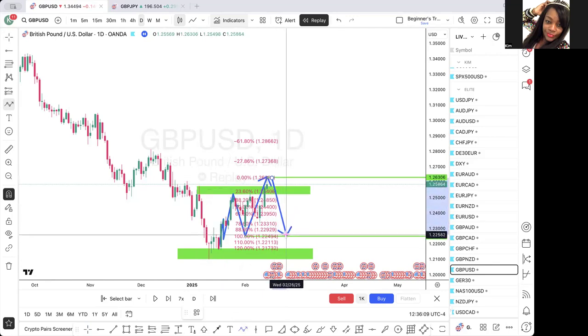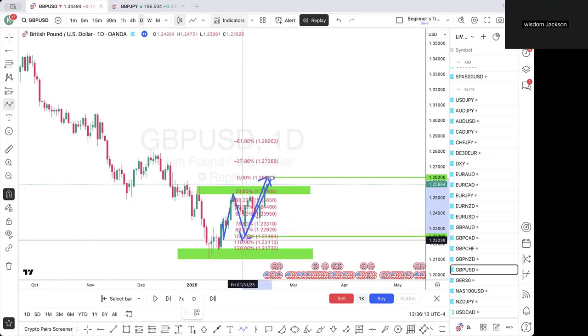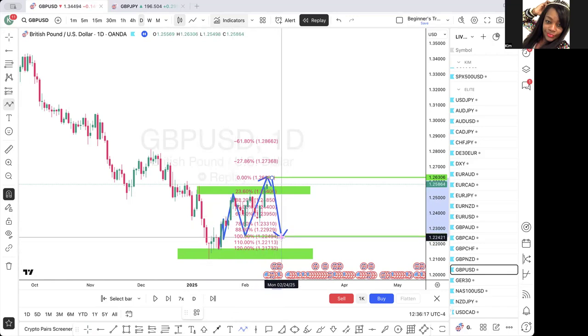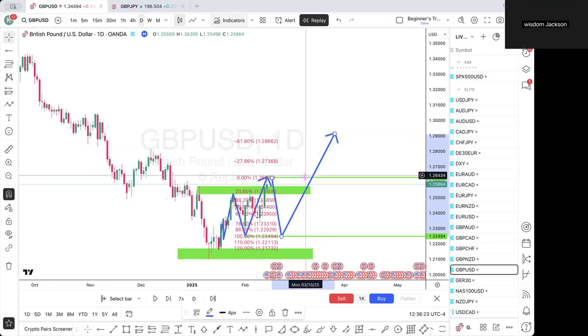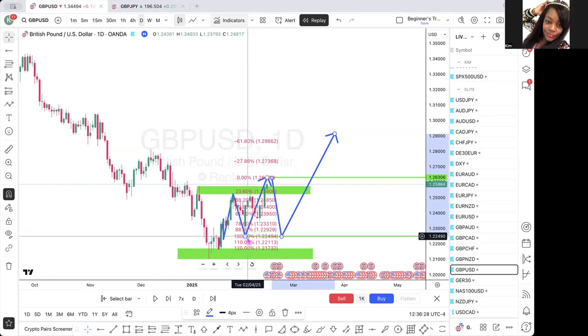And like I said, it might come and sweep this low, because there were equal lows down there. Price can come sweep this low and then keep buying up. It could pull back to the 78 of this swing. It could pull back to the 100% because there were equal lows down there on that 15-minute.